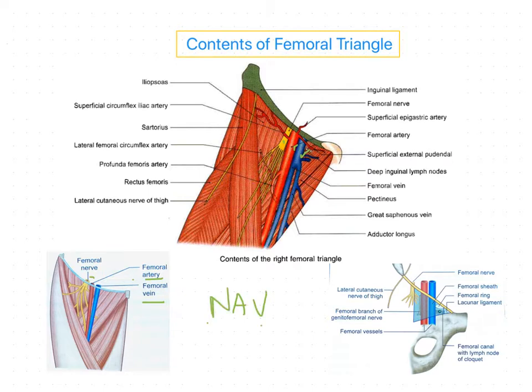We can take it from medial to lateral. What are the contents present in the femoral triangle? From medial to lateral, vein, femoral artery and femoral nerve. All belong to femoral only. Femoral vein, femoral artery and femoral nerve.